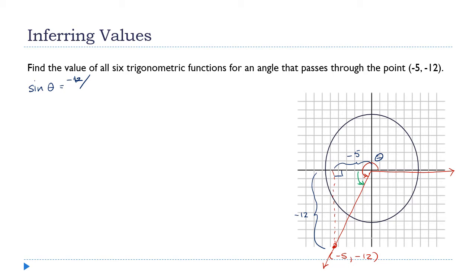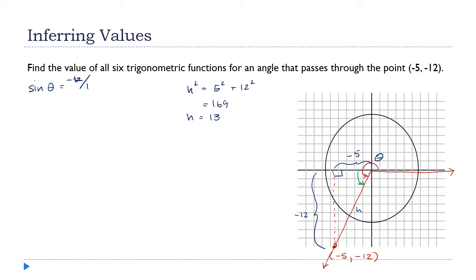Call the hypotenuse h. Then h squared equals 5 squared plus 12 squared. That's 169, and then we'll take the square root of both sides. h is 13.